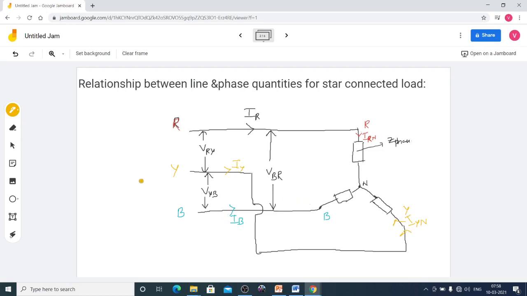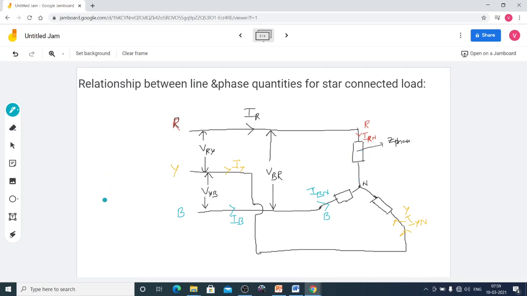The current passing through the B phase is IBN. By observing from the source side, the supplying side, to the load side, the line current in the R phase is the same as the current flowing through the phase of the load, which is IRN.